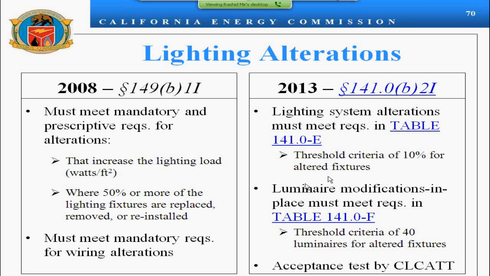The significant difference for these types of luminaire modifications in place is that under the current regulations, if you're just doing ballast replacements, etc., the requirements did not apply.